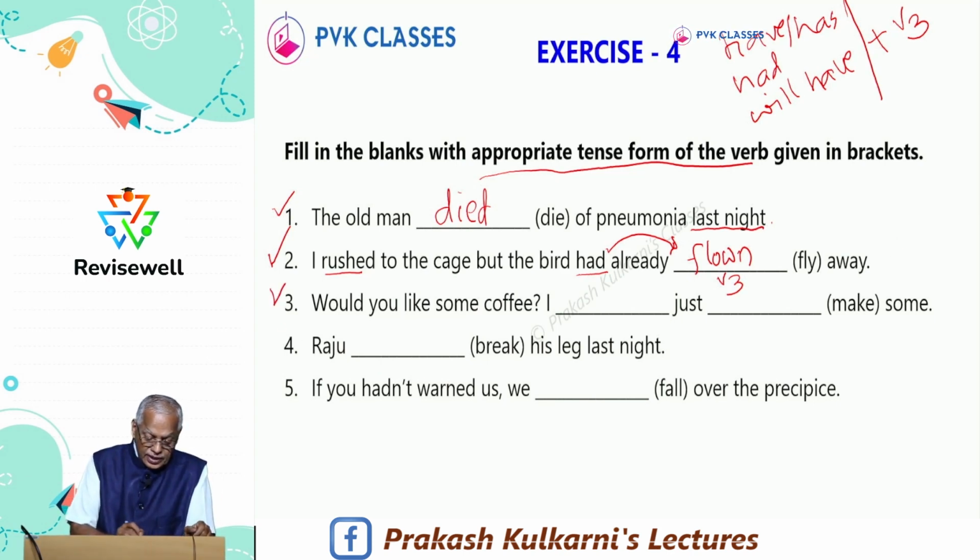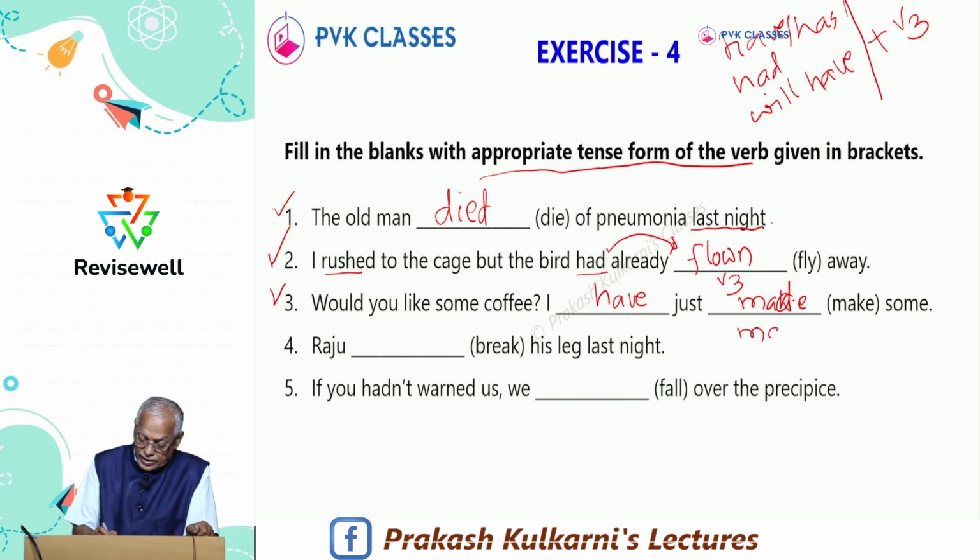Coming to third sentence. Would you like some coffee? I dash just dash made. Would you like some coffee? Do you like it? I have just made some. I have just made it now.